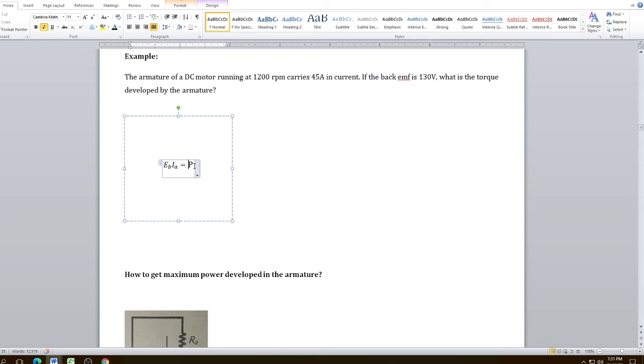By substituting, since we have the armature current and the back EMF, which is 130, the power is equal to 130 times 45 amperes, which is 5850.